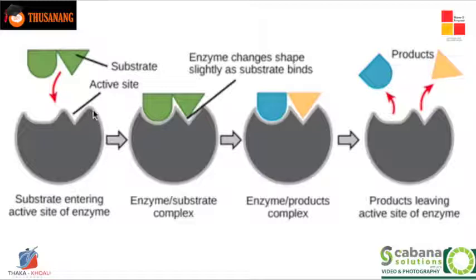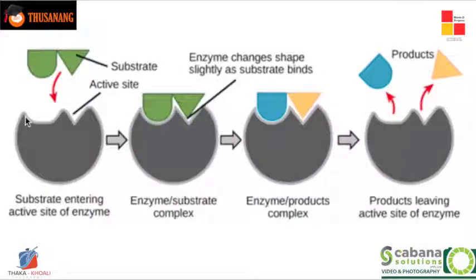The change of the shape of this active site, the terminology used there, is that it is denatured, meaning the shape is now altered. Therefore, a temperature outside the optimal range for an enzyme to work will denature the active site of the enzyme.